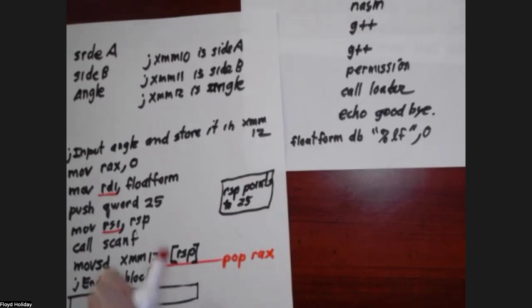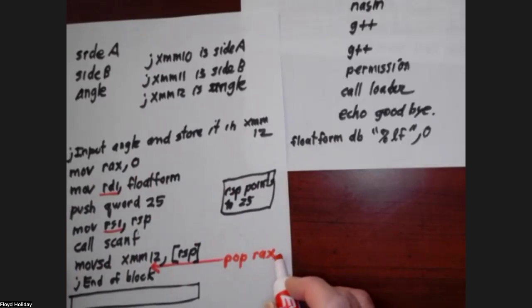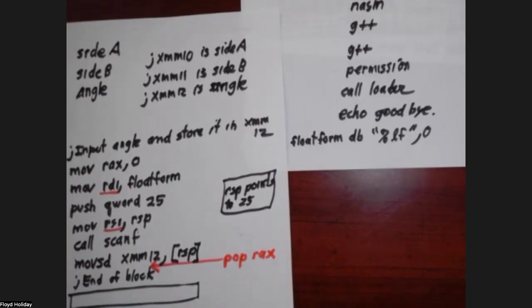We push something on there, we use that in storage, we're done with that storage, and now we deallocate it. RAX is commonly used for deallocating junk that you don't want anymore. That's another one of its roles. It's all the time. You want to reduce the size of the stack, you pop it 3 times and all into RAX.